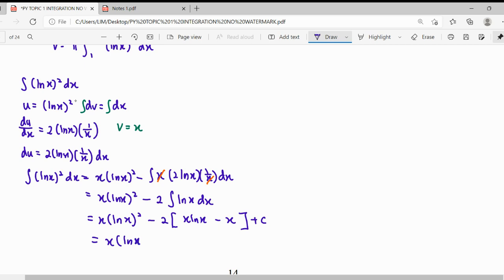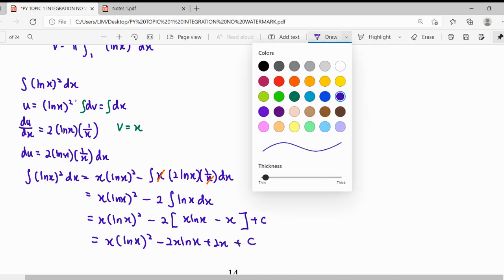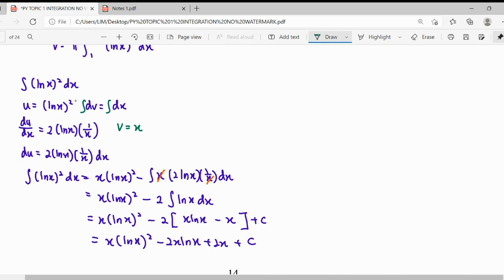So x ln x squared. So lastly, simplify, I will get x ln x squared minus 2x ln x, then plus 2x plus c. Then only I will plug in our limit.